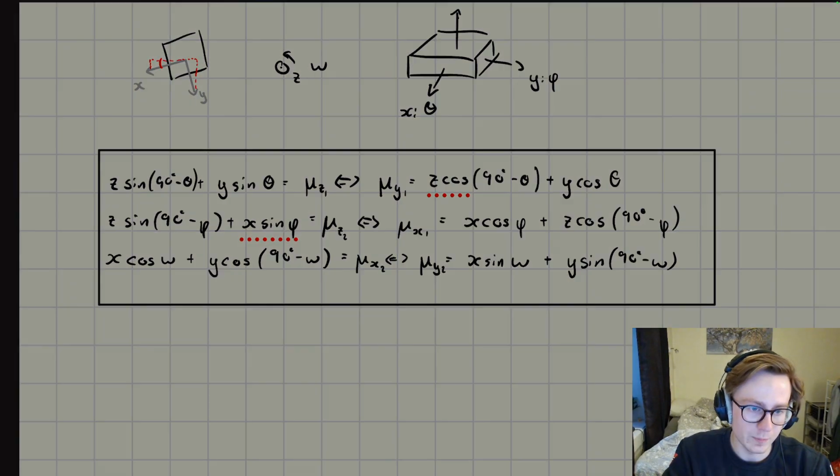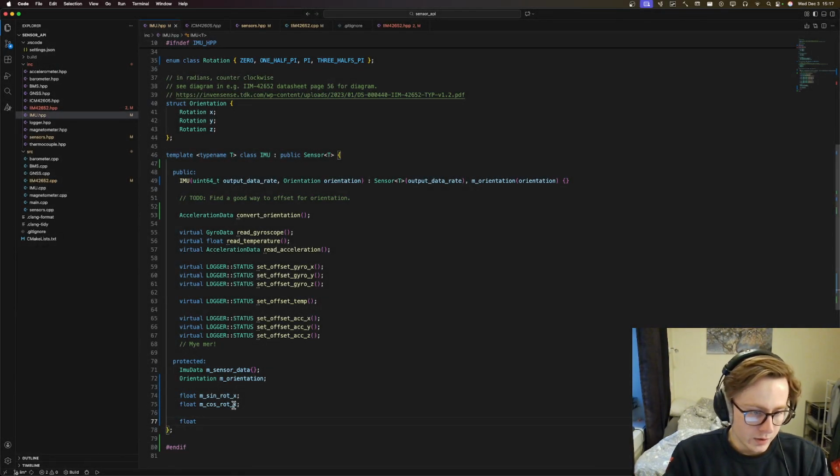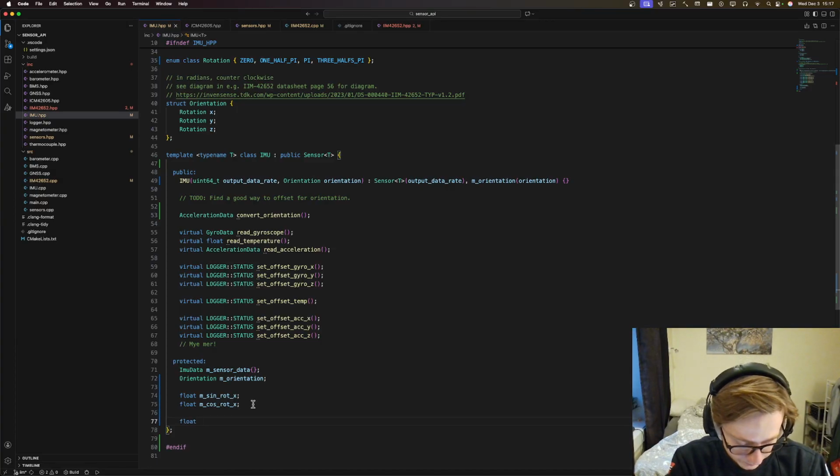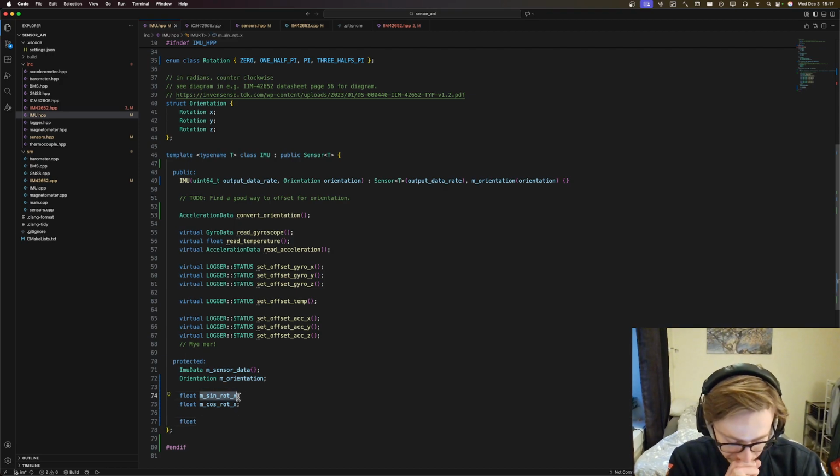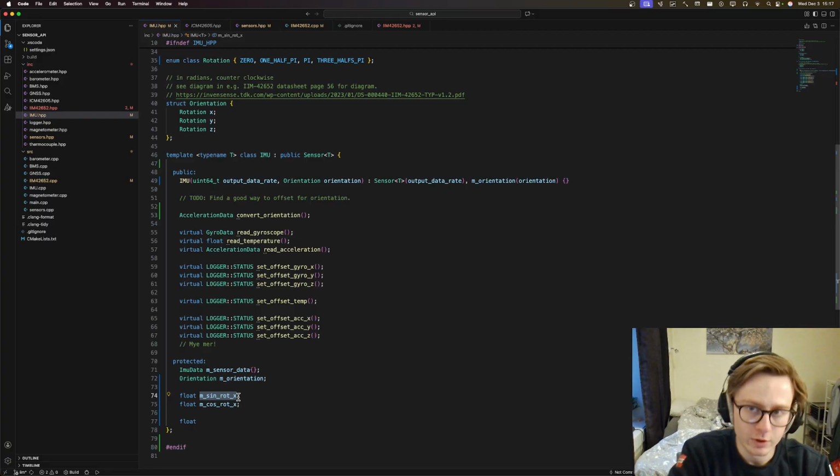Yeah, okay. So, for rotating around x, we need sine. Also, by the way, I want to pre-compute these ones.